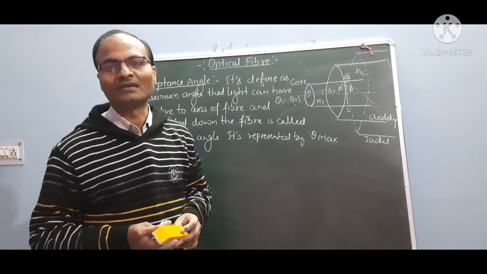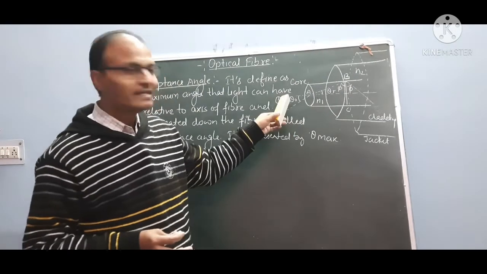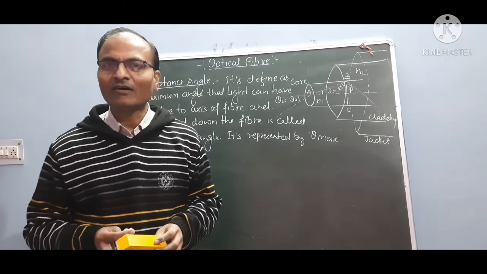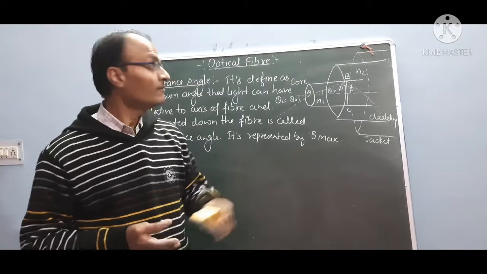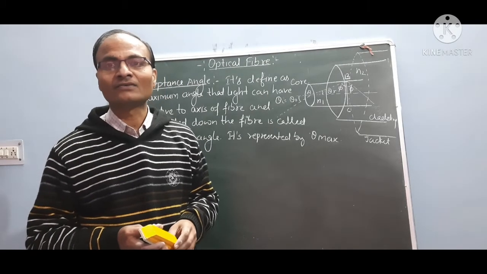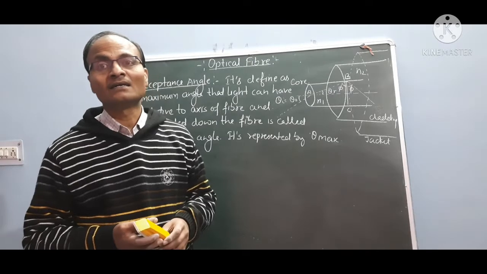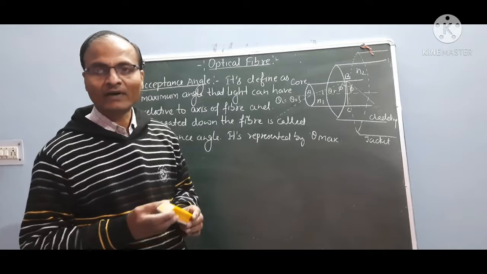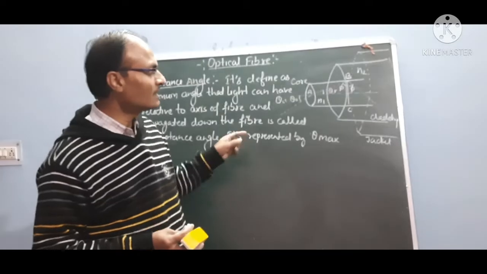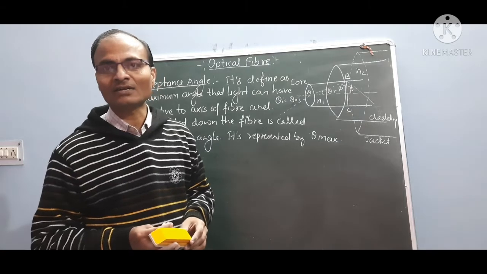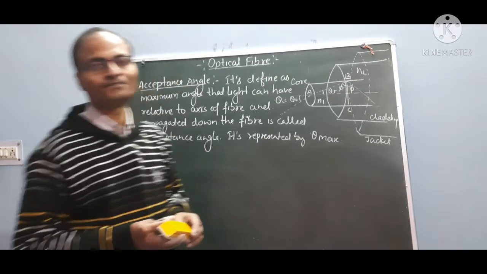This point is V. So theta I is the incident angle, theta R is the refractive angle of core, and phi is greater than phi C, the critical angle. So this is the condition of TIR. Phi is greater than phi C, then the signal moves in zigzag form. So apply Snell's law and calculate the theorem.